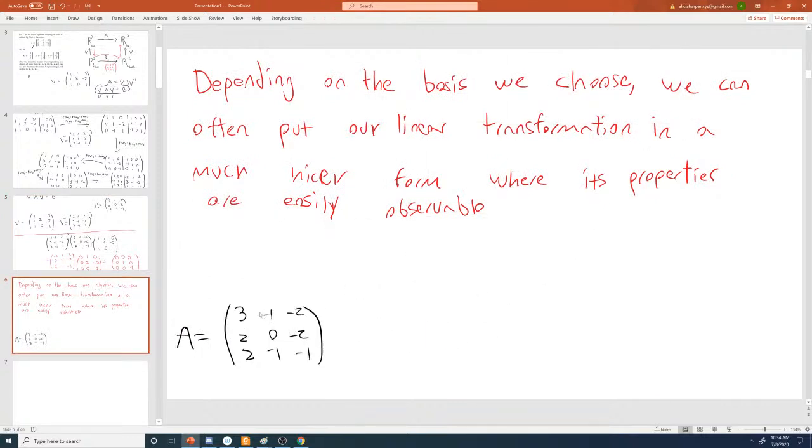And if you look at this matrix, you just see these numbers and you don't see any special structure to it. And if I was to ask you a question like, for example, does A have a kernel or a null space? You'll have to actually take this matrix and do a sequence of computations to figure out whether it does or it doesn't.